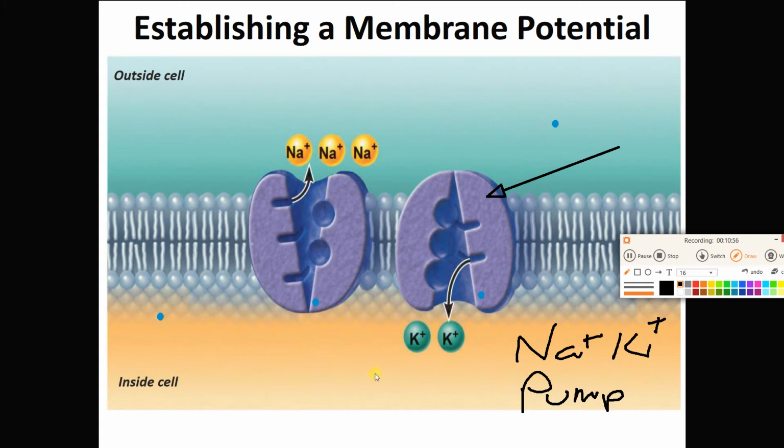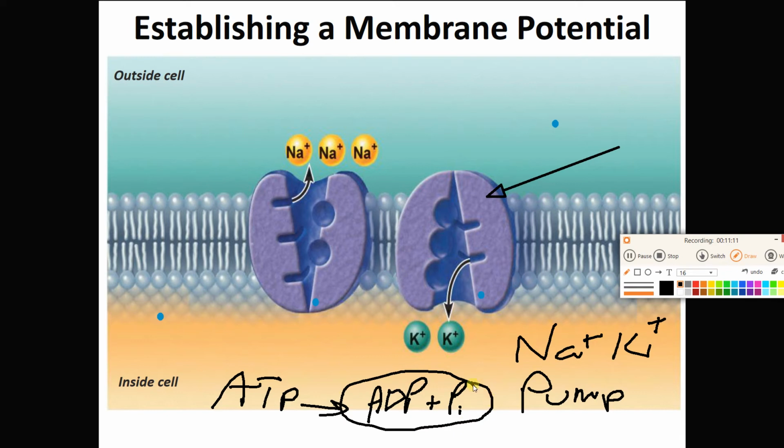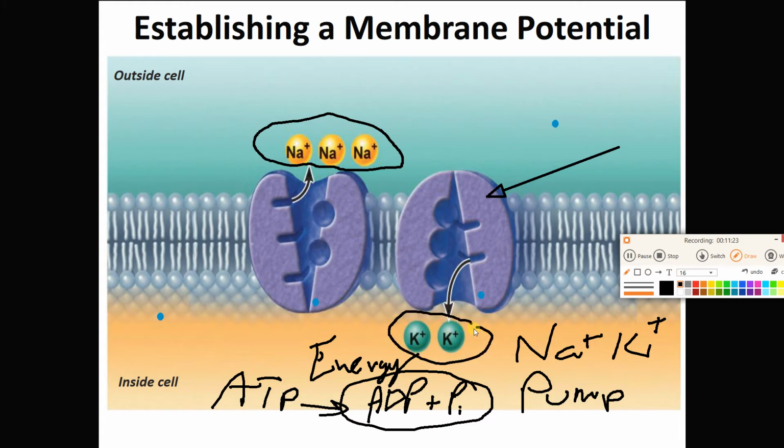If you recall, this protein breaks down a molecule of ATP, turns ATP into ADP, so adenosine triphosphate into adenosine diphosphate, plus another little phosphate group. And this change releases what? It releases energy. And we use that energy to move 3 sodiums out of the cell and 2 potassiums in.